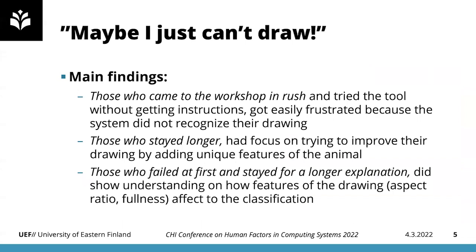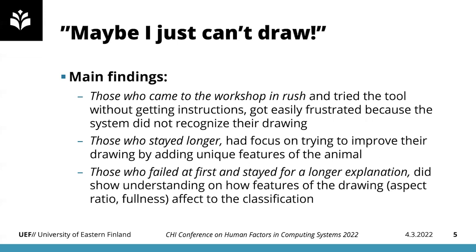So the main findings can be divided into 3 categories. First, those who came to the workshop in a rush and just tried the tool out without getting any particular instructions got quite easily frustrated because the system didn't recognize the drawing. On the other hand, those who stayed longer in the workshop focused on trying to improve the drawing by adding some unique features of the animal.